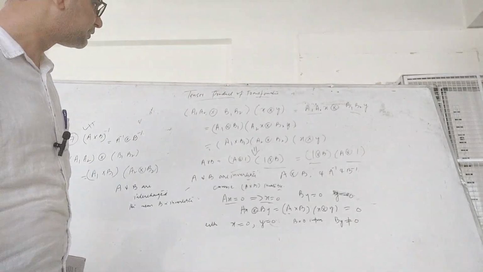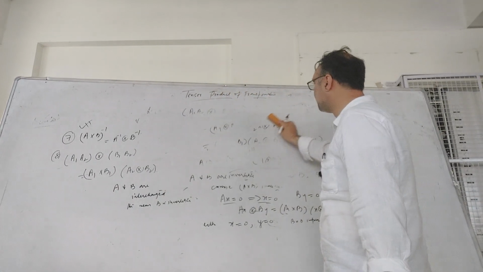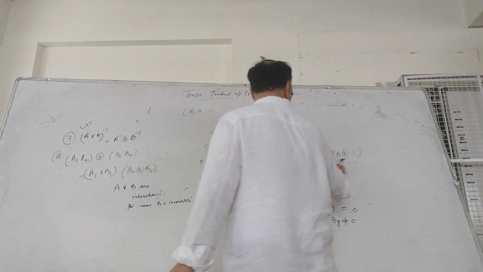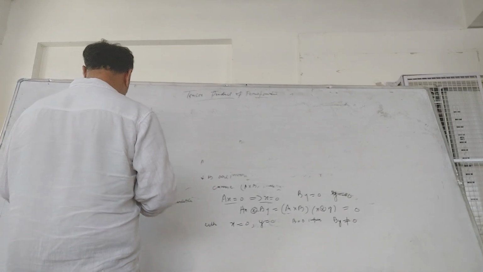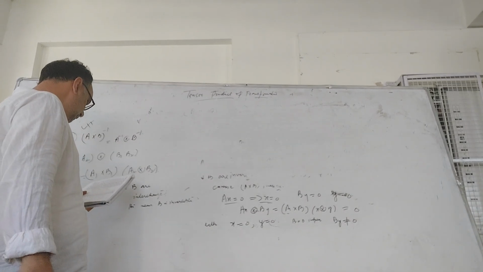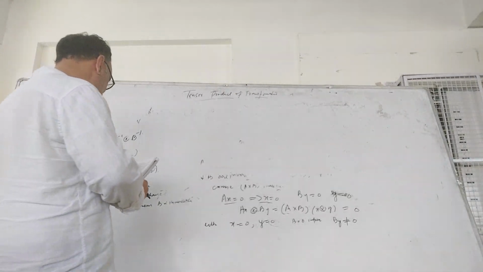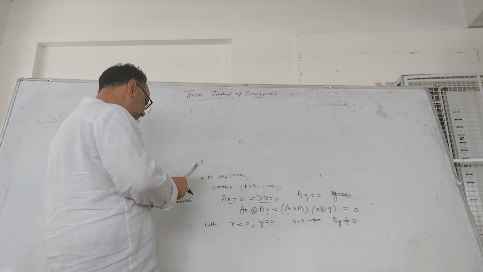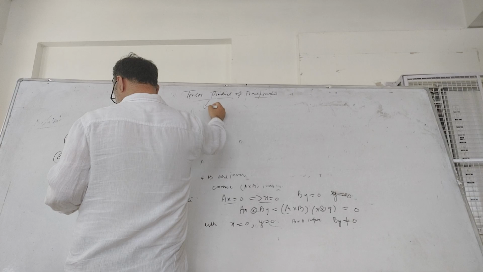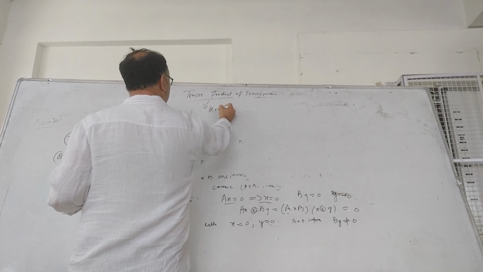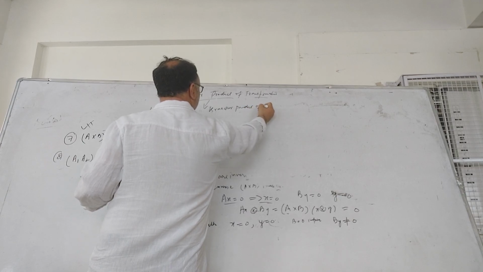Another interesting part of this, as a side story, is that sometimes we invoke the Kronecker delta. We also represent tensor products as the Kronecker product of matrices.